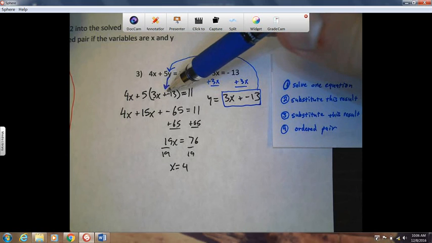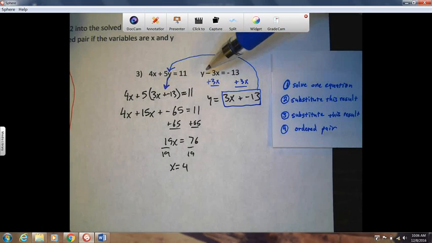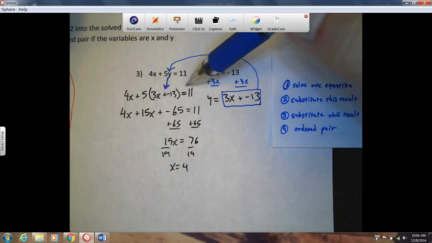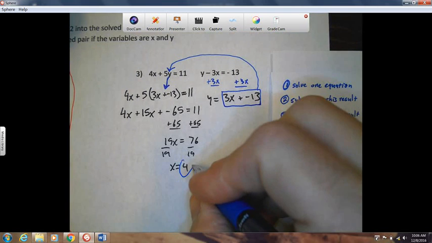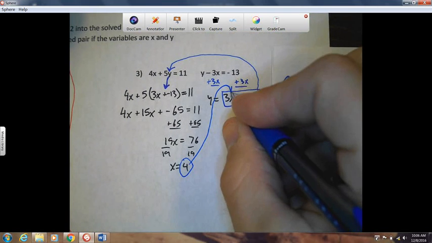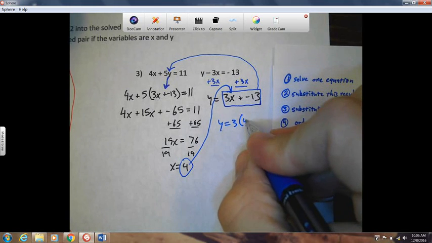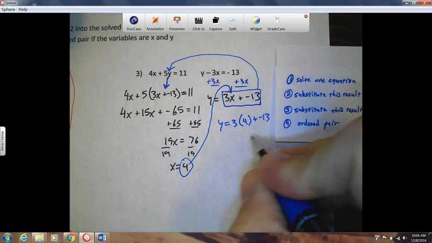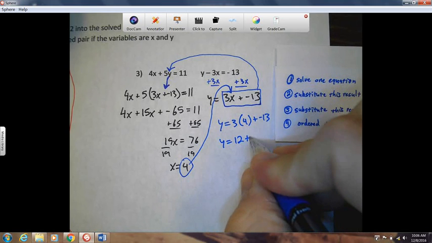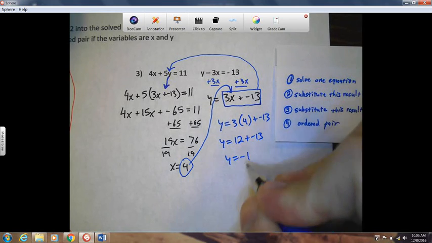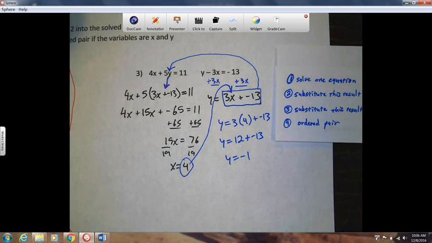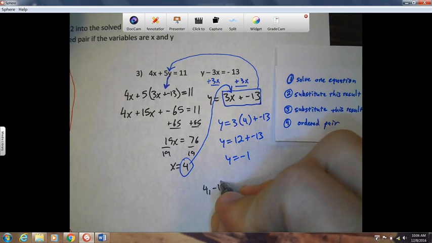Then I solve. Now I'm going to take x, which is 4. Now I'm going to put it in there. So y is equal to 3 times 4 plus negative 13. So y is equal to negative 1. Write your answer as an ordered pair. Remember, this is the point where they would cross if you were to graph those.